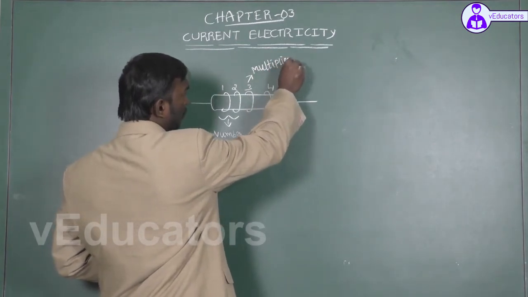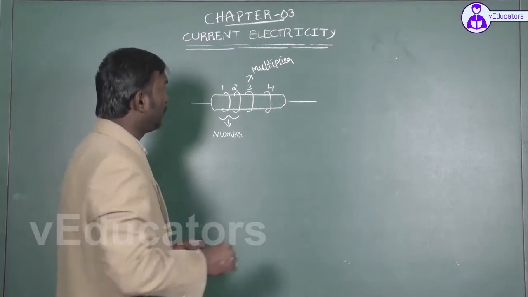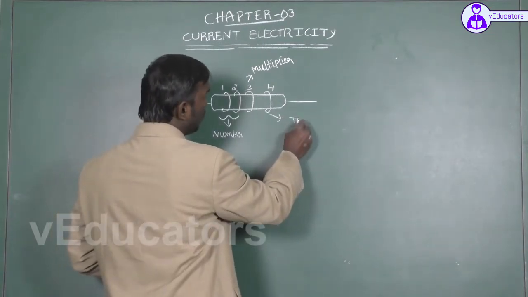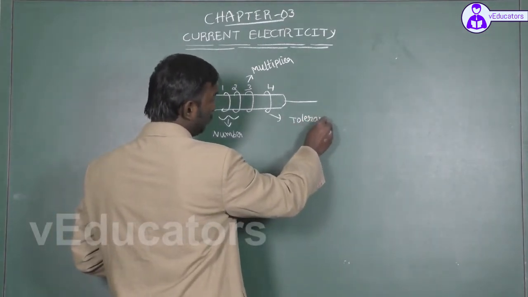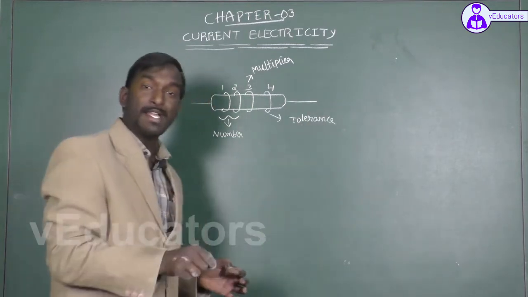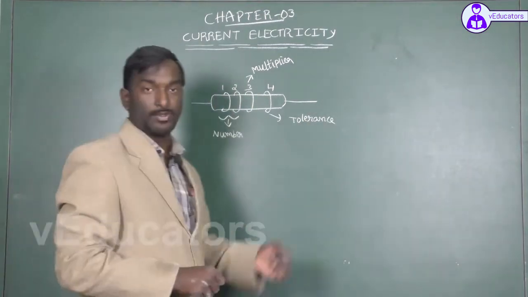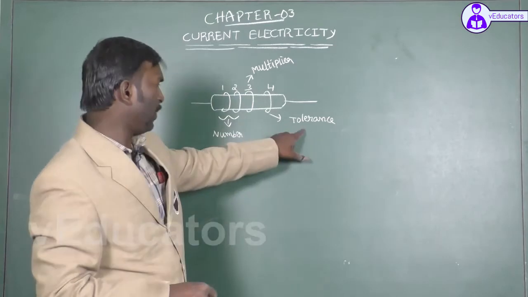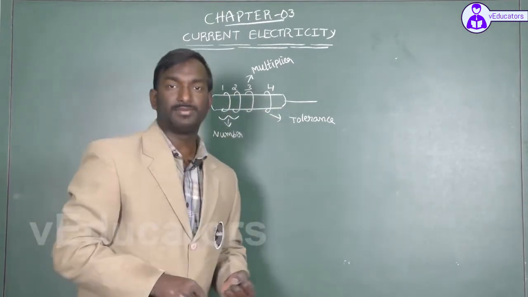It means 10 power 0, 10 power 1, 10 power 2, and so on. And the fourth one gives the tolerance, meaning plus or minus that given value. It's because of that particular material.